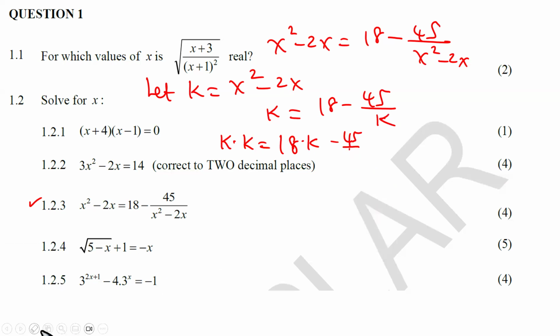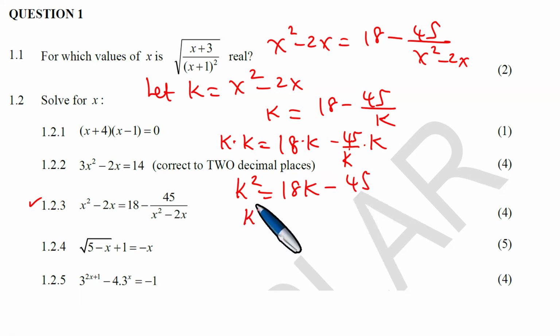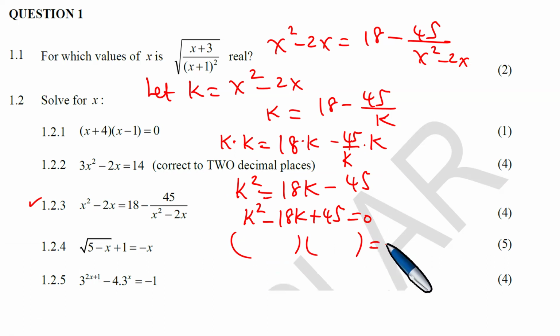So over k, we have k by k, which is k squared, equals 18k minus 45, which is k squared minus 18k plus 45 equals 0.